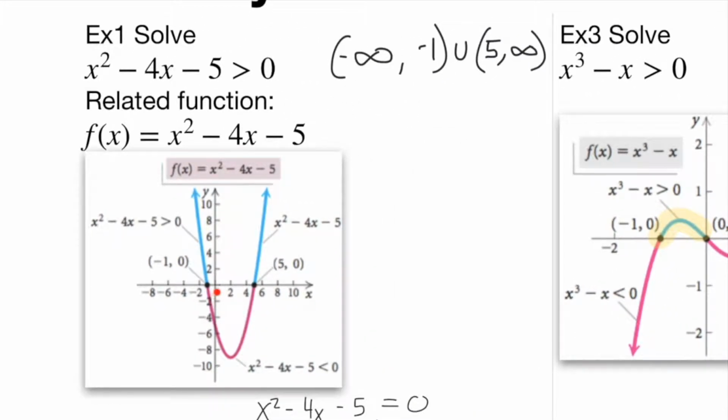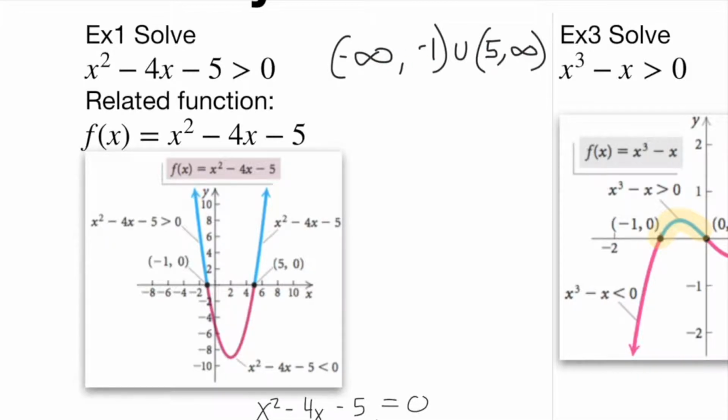I see the graph greater than 0 when x is less than negative 1 over here, and when x is greater than 5. These are the x values for which the function is greater than 0. It's above the x-axis, from negative infinity up to negative 1, not including negative 1, and then also from 5 up to infinity. That's how you write it.